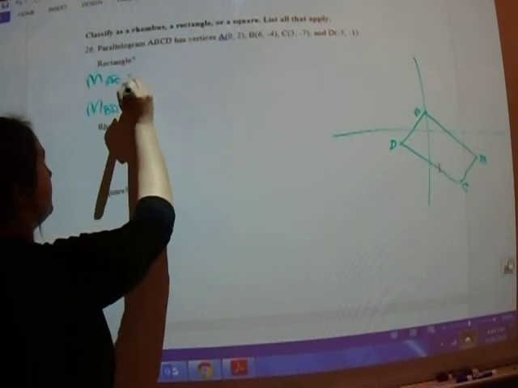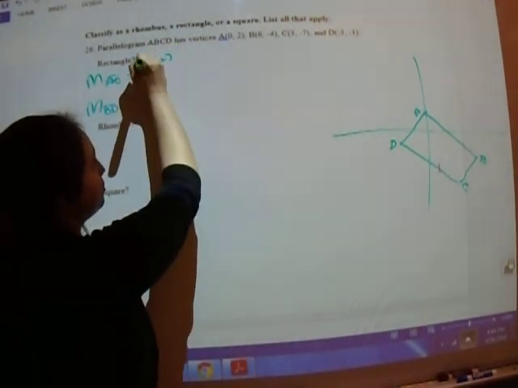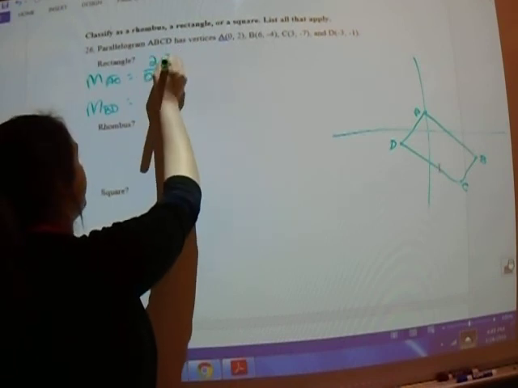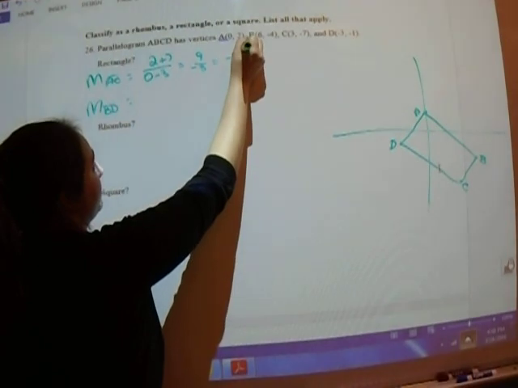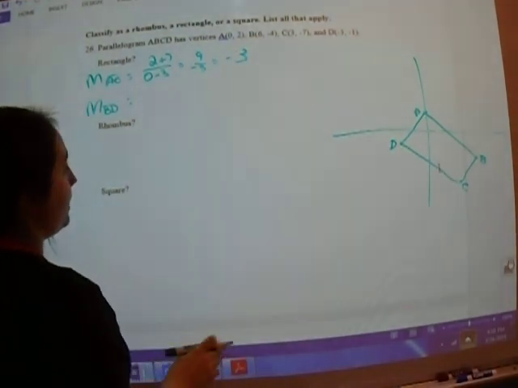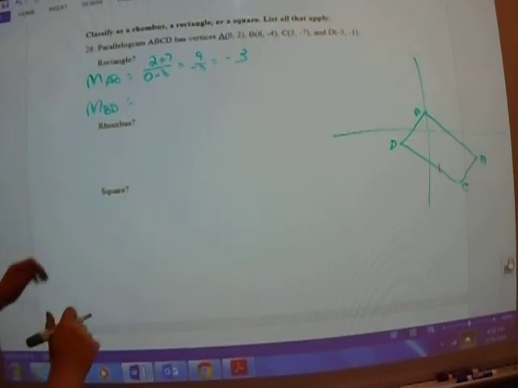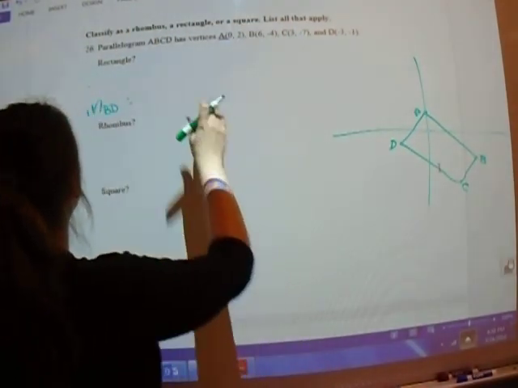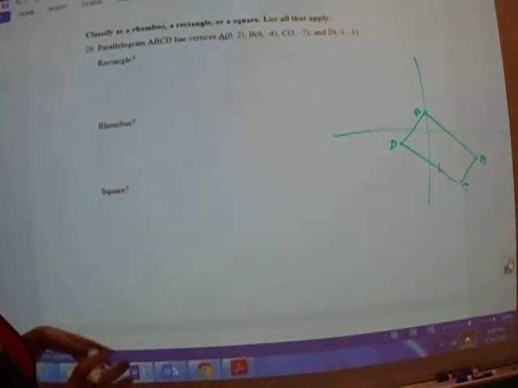All right? So let's see, AC is 2 plus 7, because 2 minus -7, and 0 minus 3, which is 9 over -3, which is -3. And BD, oh, I'm sorry, this is for a rhombus, my bad. You don't use the slope, you use the distance formula.